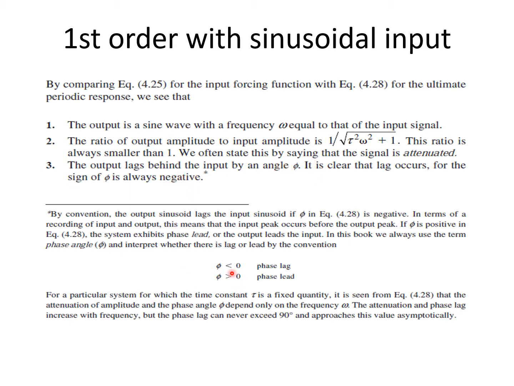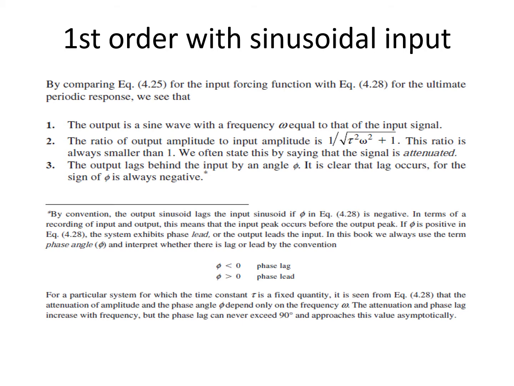If it's negative, it's lag. If it's positive, it means phase lead, it is leading. So this is the first order system that we've seen before, the amplitude ratio and the phase angle, and this is basically the frequency response part of the whole first order system and all others that we will see later.